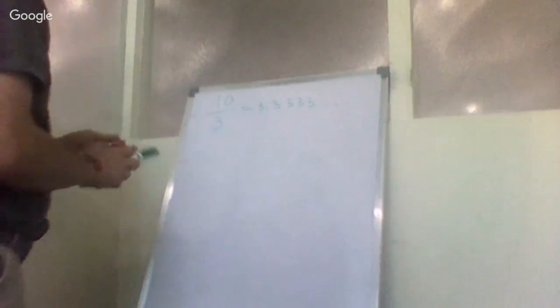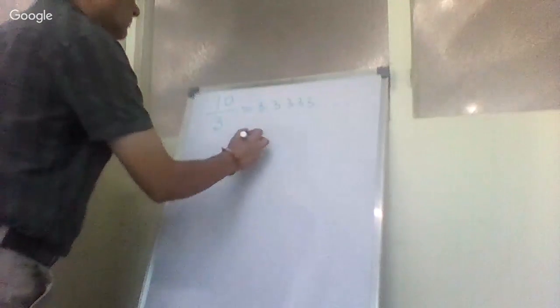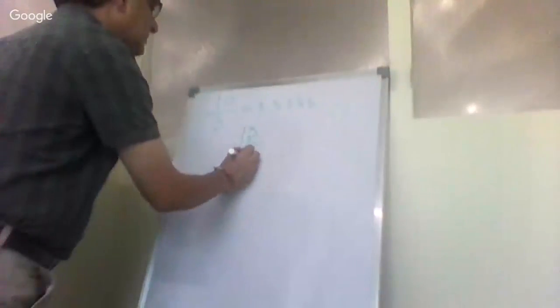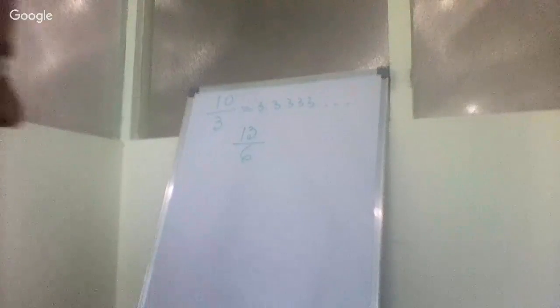So for this type of number, try one more: 13 divided by 6. We'll try one or two more.